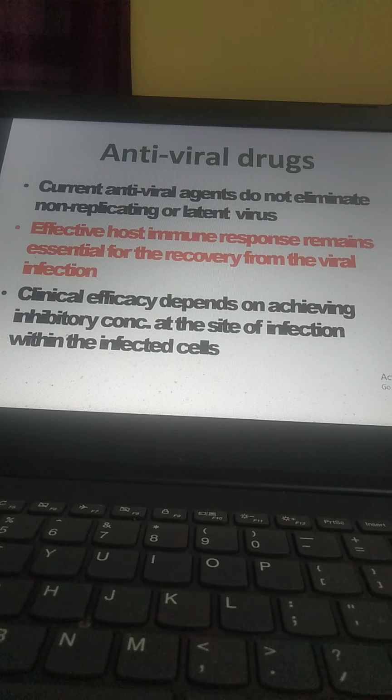Clinical efficacy depends on achieving an inhibitory concentration at the site of infection within the infected host. So it is the concentration: once it reaches the target site, it will eliminate the infection. It depends on the pharmacokinetics. Number one is that non-replicating and latent virus is not killed by antiviral drugs.